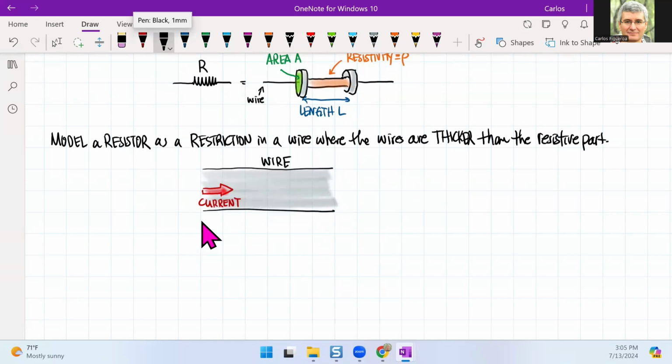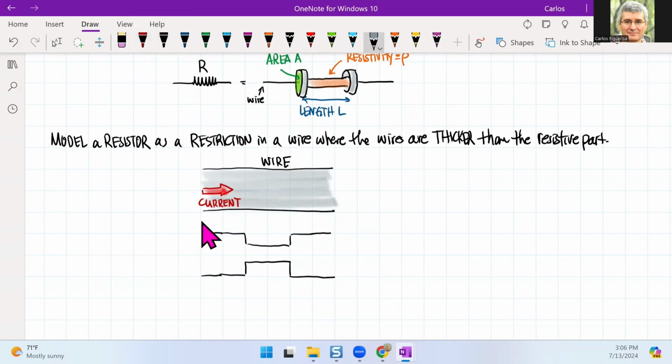Now what I'm going to do is the exact same thing, but now if this is 2 squares, I'm going to actually put in a restrictor. In other words, I'm suddenly going to make a smaller area or diameter right there.